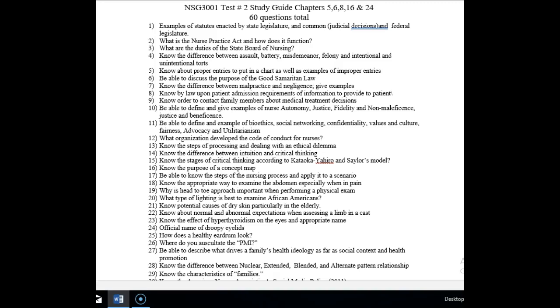Know what order it is that one should notify somebody. Know about the guidelines as far as emancipation of a minor or something like that.